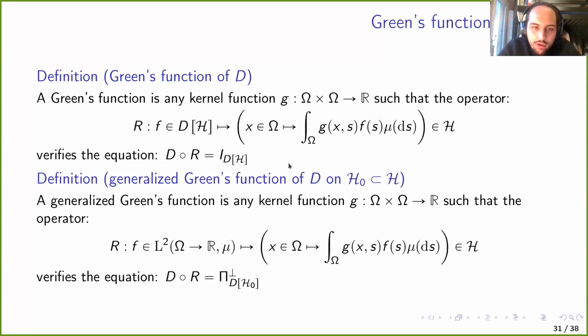In practice, we need a generalization of that, because this is true only when D is surjective. When D is not surjective, we can define a notion of least-square solution. The associated object is the generalized Green function, exactly the same object, but instead of recovering the identity, we recover the projection onto the image of D on a space H0.